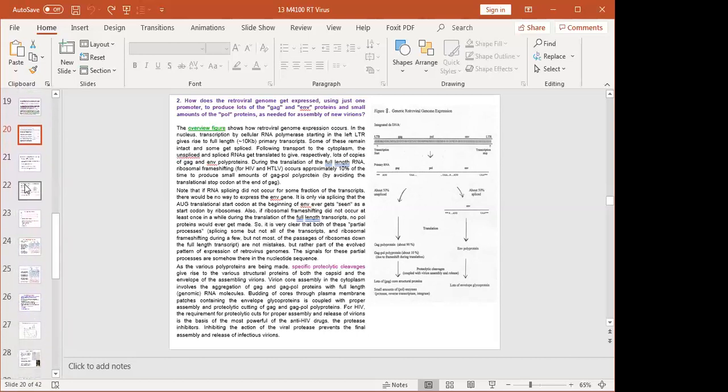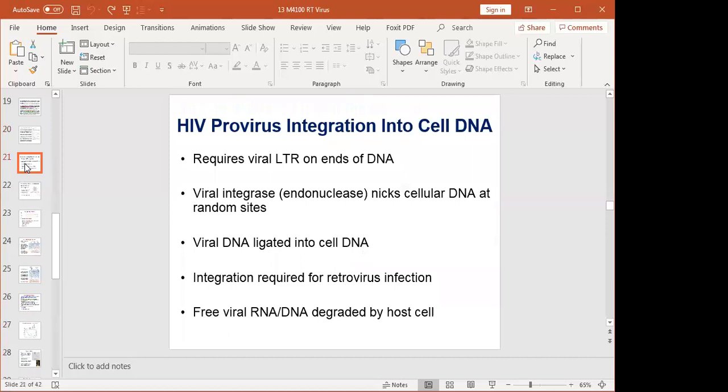Moving on to slide number 21, HIV provirus integration into host cell DNA. At this stage, we have HIV provirus DNA. At the ends of proviral DNA, we have long terminal repeats that are required for this integration.